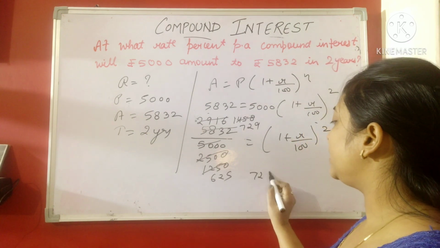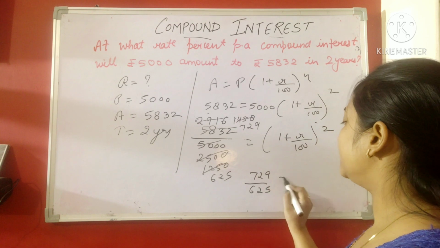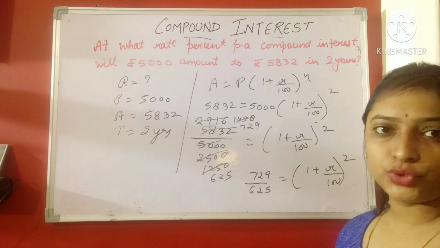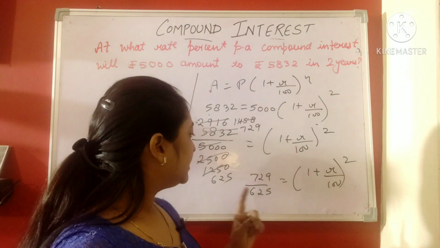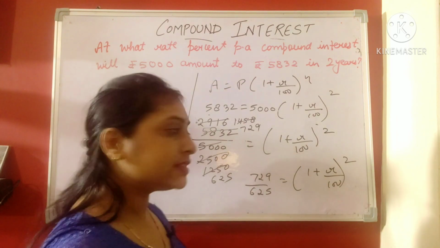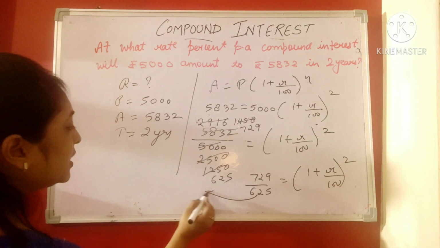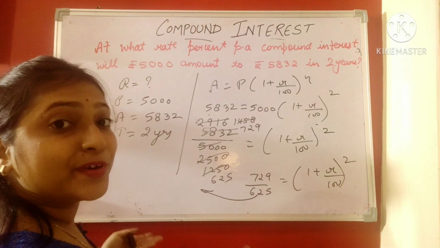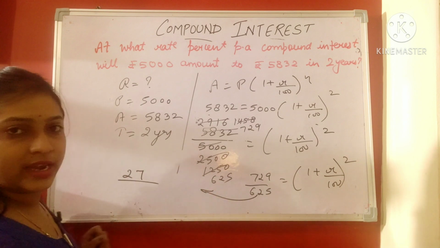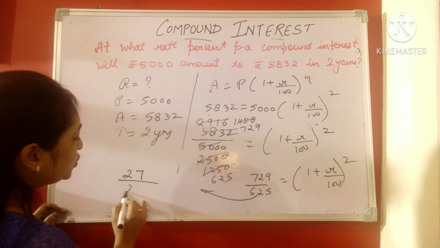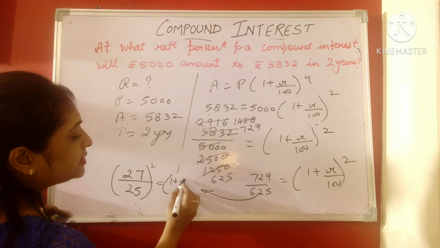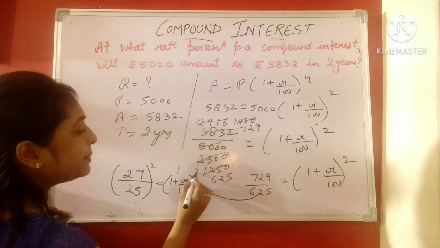So 729 by 625 is equal to 1 plus R by 100 raised to the power 2. One hint we have got here, that this number will be a perfect square of another number, because here power is 2. Now just let's solve. 729 is a perfect square of 27 and 625 is a perfect square of 25. This we can write like this, is equal to 1 plus R by 100 raised to the power 2.